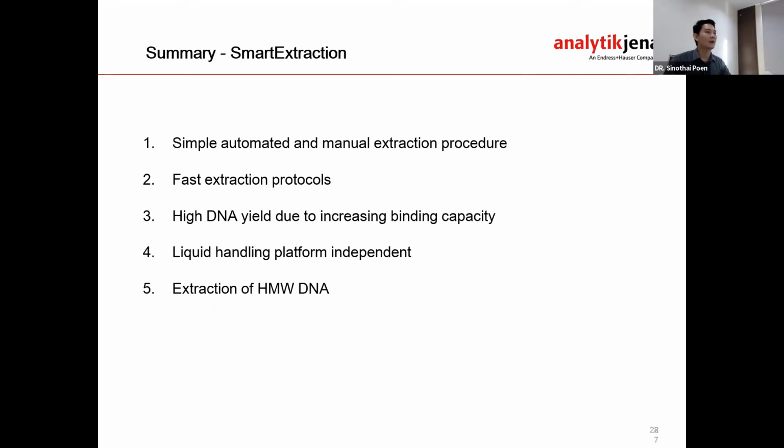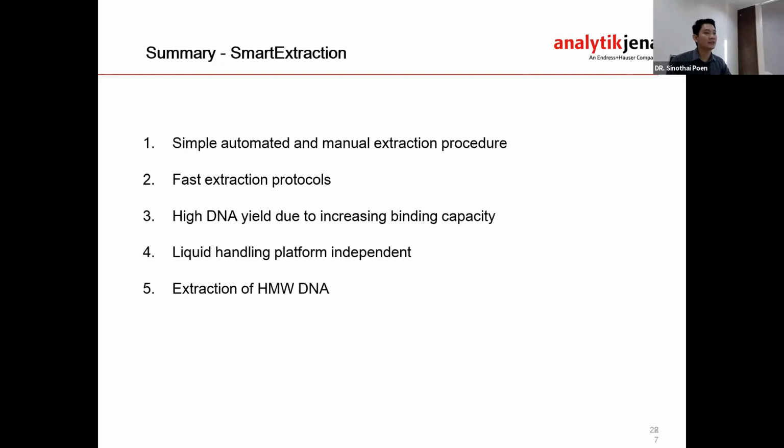Being simple, the extraction process is faster compared to that of magnetic bead-based extraction, because there is no need for a magnetic bead collection step, which normally takes a little bit of time. Also, because of the higher binding capacity of the material, we tend to get a higher yield of DNA when using the same amount of starting material.